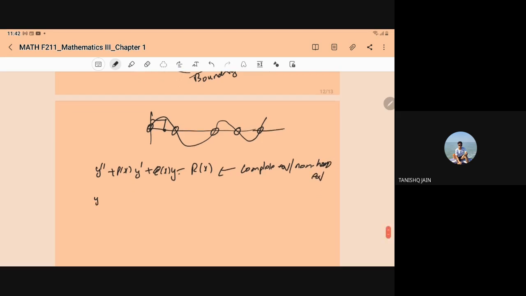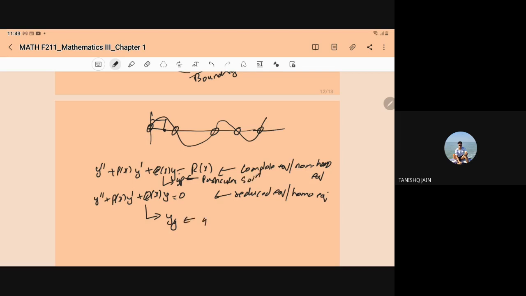And when we have y double dash plus p(x) y dash plus q(x) y is equal to 0, this will be the reduced equation, the homogeneous equation. So we say that its general solution is Yg and the particular solution is Yp.